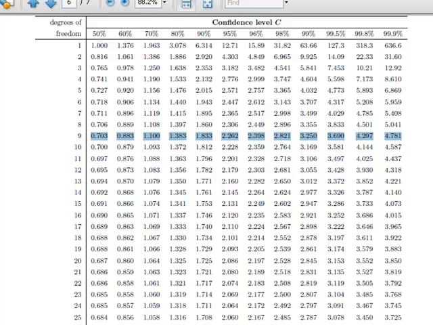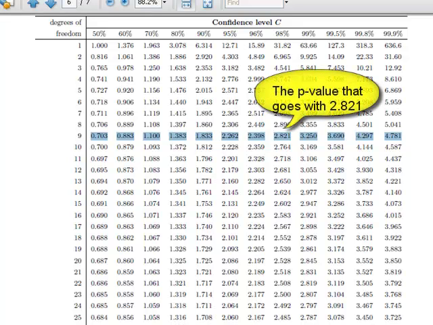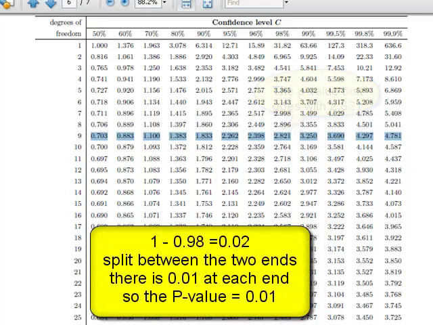Now, the alpha that goes with 2.821, that's a 98% confidence interval. So that means I'm going to have 1% on the upper tail and 1% on the lower tail. And that means the p-value that goes with 2.821 is going to be 0.01.